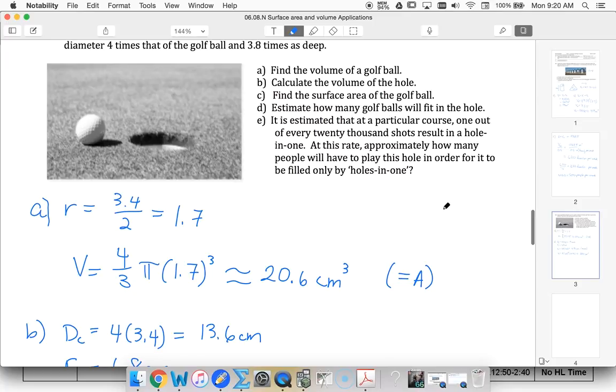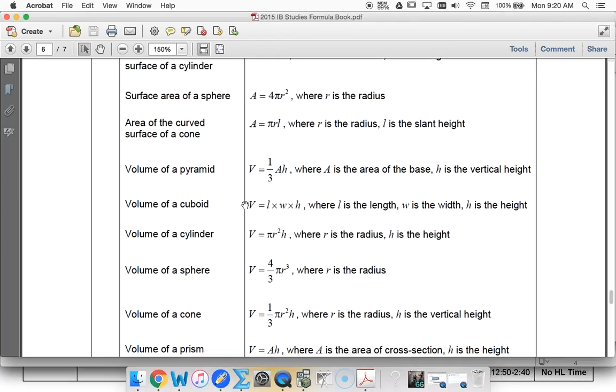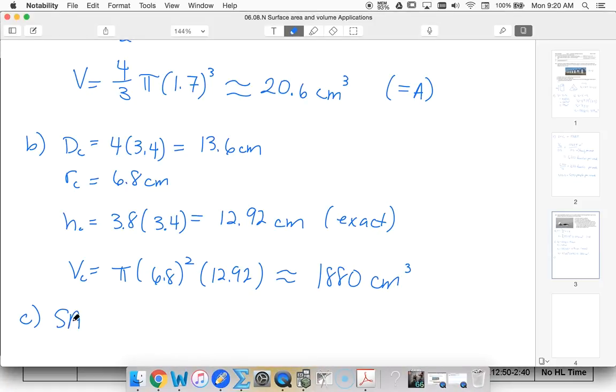Find the surface area of the golf ball. Well, that's easy. That's just the formula for surface area of a sphere. So surface area of a sphere, 4 pi r squared. 4 pi, the radius for my sphere was 1.7.